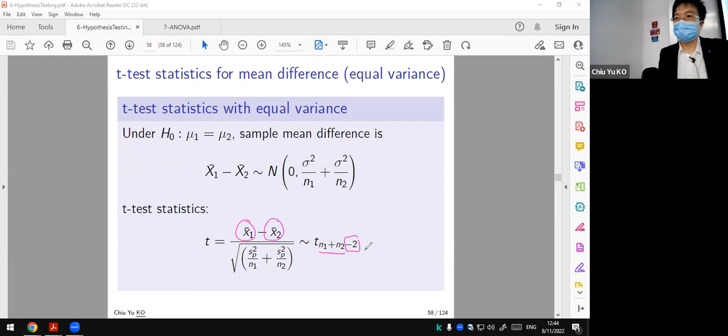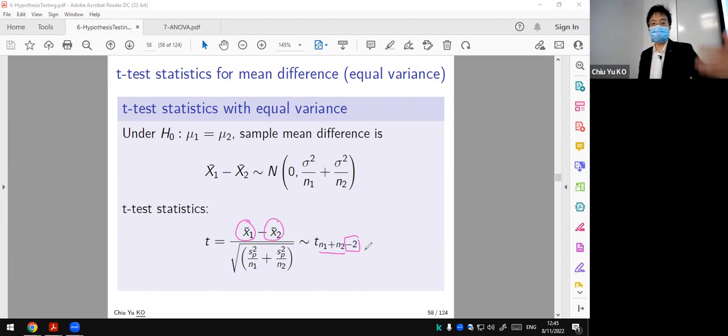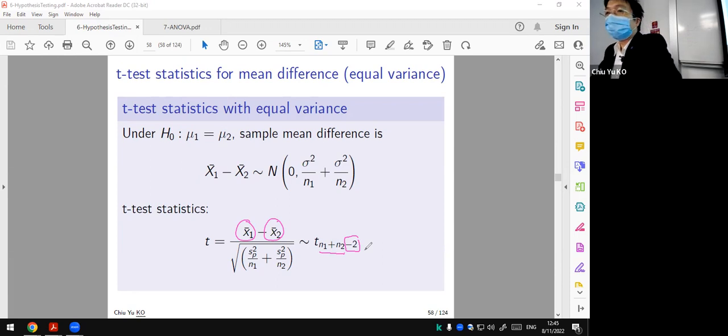The reason is you have actually estimated two means, so you subtract 2. Later, when you do ANOVA, you will subtract the number of groups when you look at the T table or F table. The general rule is that if you estimate one thing, you subtract 1 for it. And if you were told what sigma is, you wouldn't have this problem.